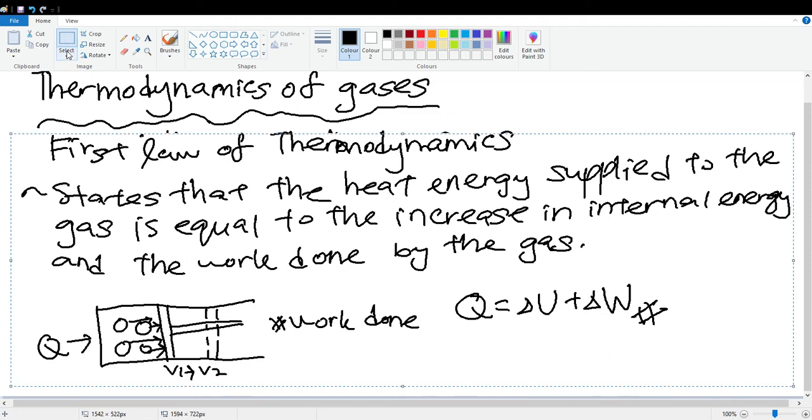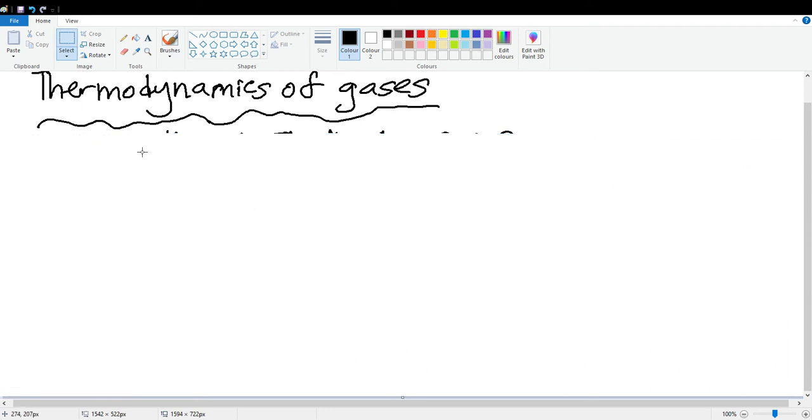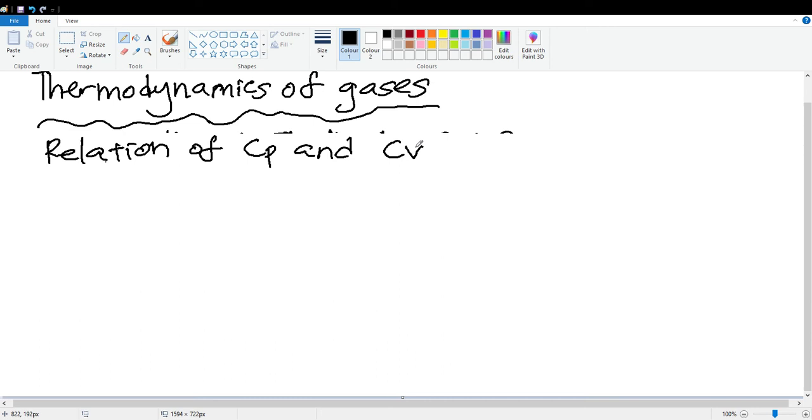We're still in the subtopic of the first law of thermodynamics. Let's go through the relation of Cp and Cv. Before that, we need to know what Cp and Cv actually are.